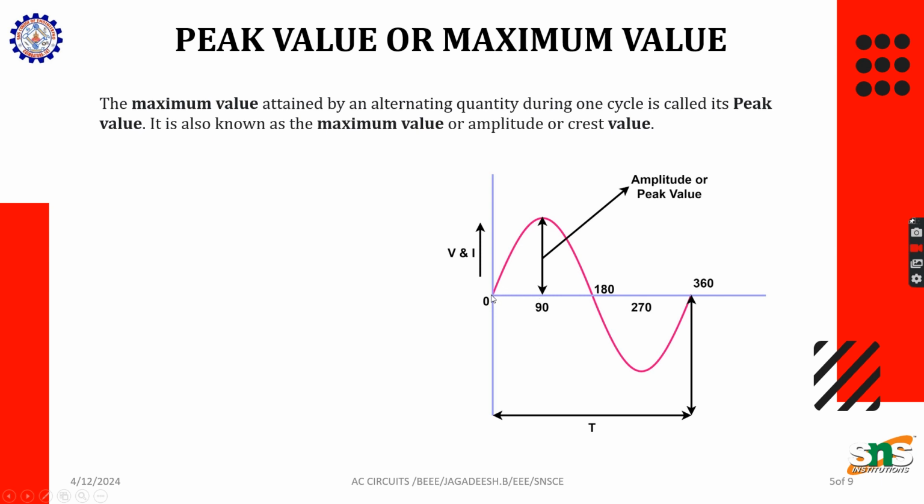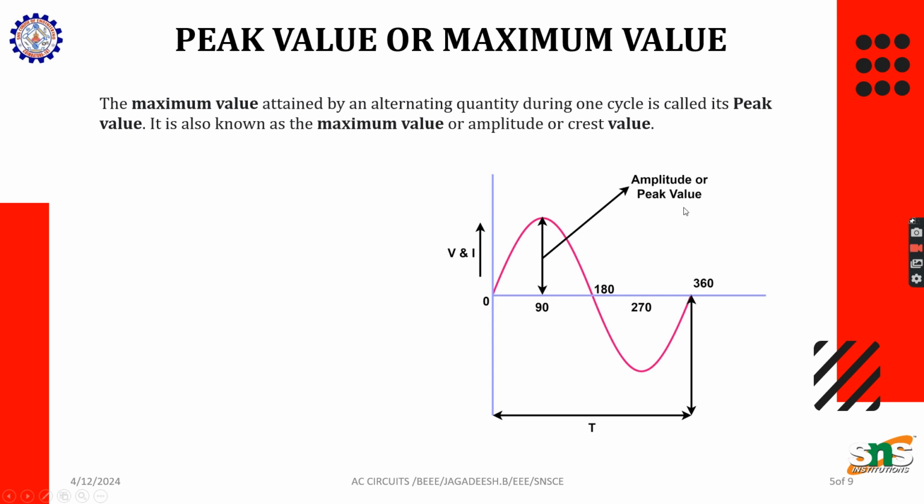See here, in the positive cycle at 0 degrees, the AC waveform starts and gradually rises, reaching its maximum at 90 degrees. When we measure at 90 degrees, that value is called the peak value. It is also called maximum value, amplitude, or crest value.